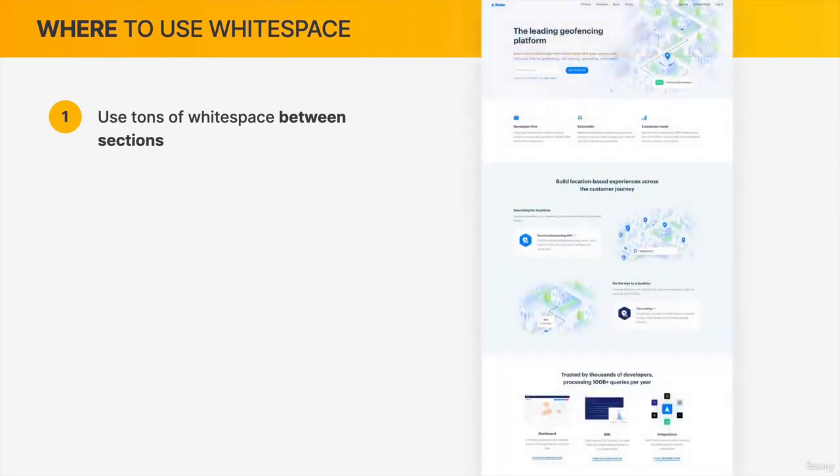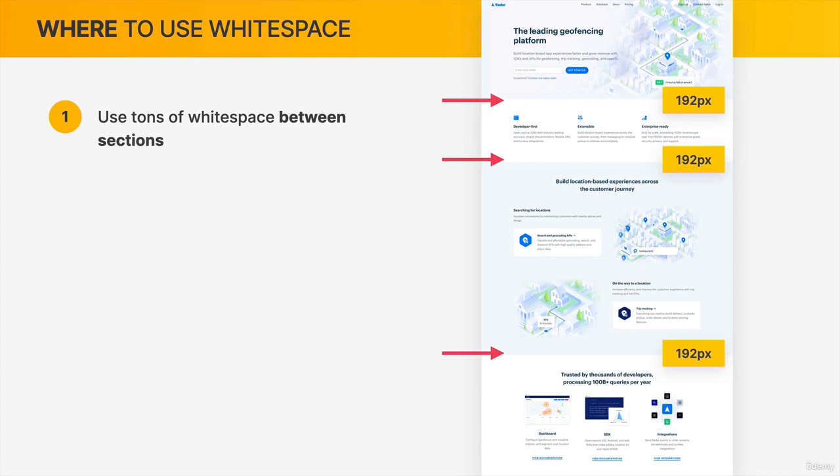So, first of all, we should use a ton of whitespace between our sections. And going back to our previous example here, we can see that the designer did indeed add a lot of whitespace between these sections. So 192 pixels is a lot of space, but it is actually not too much. I think it does look quite right like this.